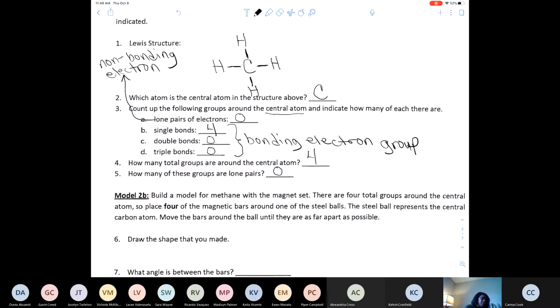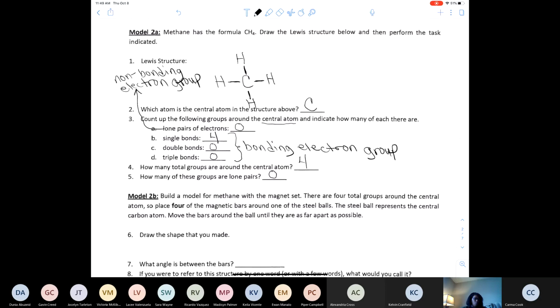A lone pair of electrons is a non-bonding electron group. That is going to be really important during week 9 when we're deciding on shapes, knowing how many groups are around a central atom and how many are non-bonding. Those 2 pieces of information determine the molecular shape of a molecule.